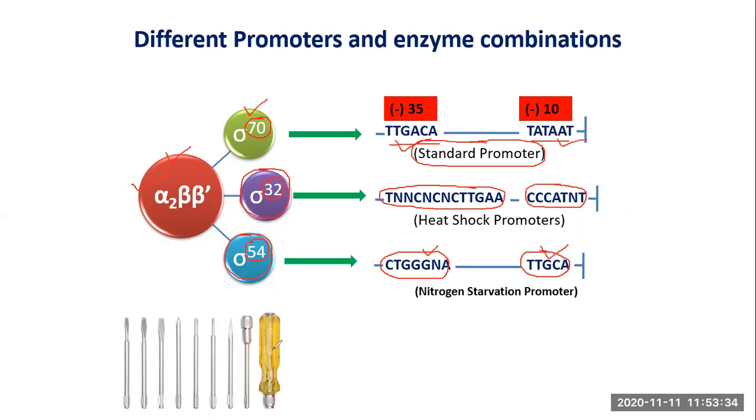This is analogous to a toolbox where you have one handle and different shafts. Depending upon the type of screw, the handle remains the same, and you can put a different shaft depending upon the type of screw you want to wind or unwind. So this is the kind of arrangement nature has provided.